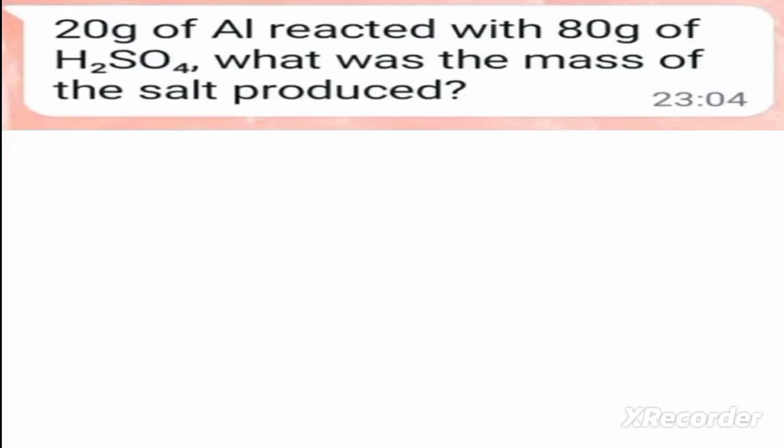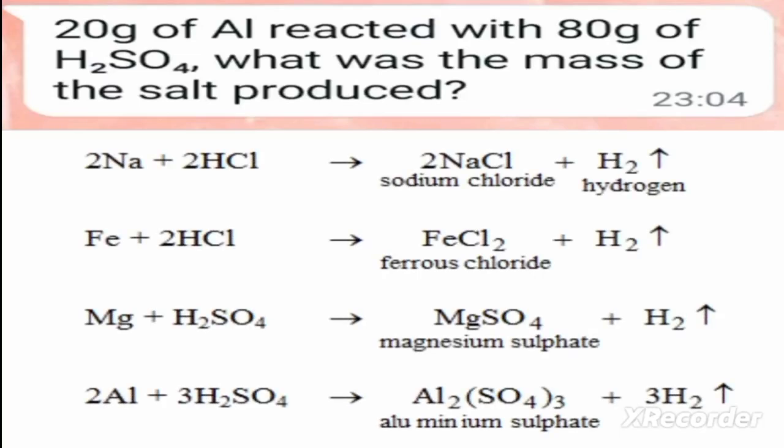Now let us identify the limiting reactant between these two masses. We also need to understand that when an acid reacts with a metal, salt and hydrogen will be produced. As we can see, we have aluminium metal and sulfuric acid. When these two react, salt and hydrogen will be produced. Here are some examples. Sodium plus hydrochloric acid produces salt and hydrogen.